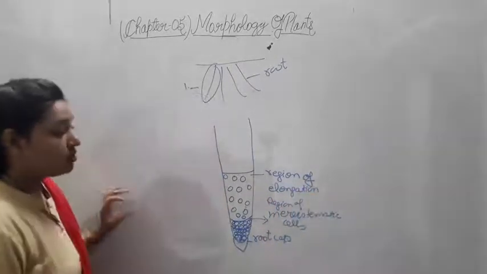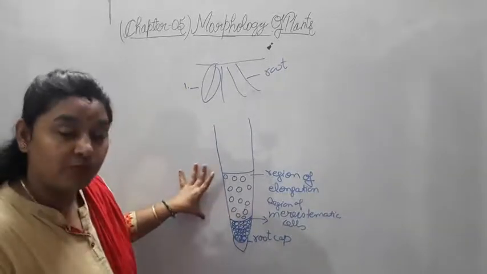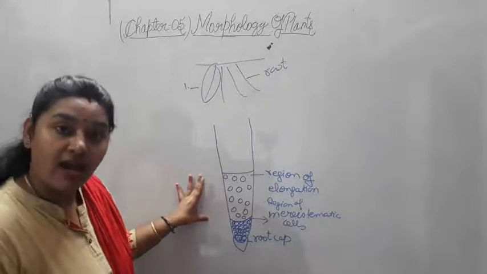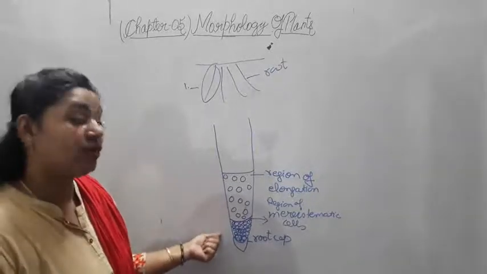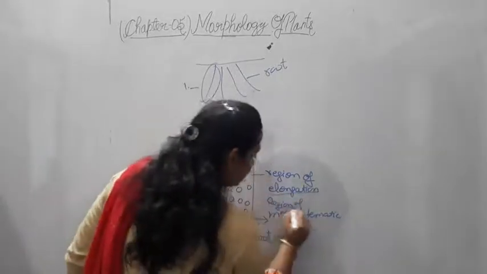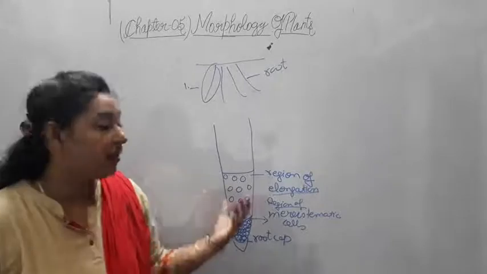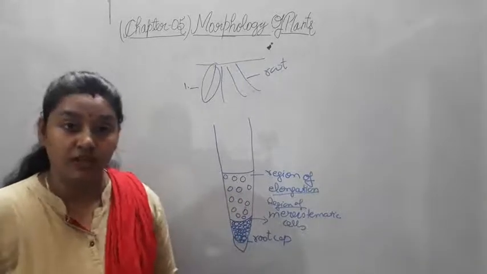Got that? So the area which has got some enlargement in its length because of the division of meristematic cells is called the region of elongation, as it has got height, so elongated, so that is why it is the region of elongation.